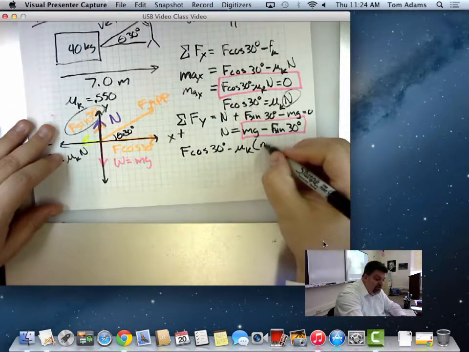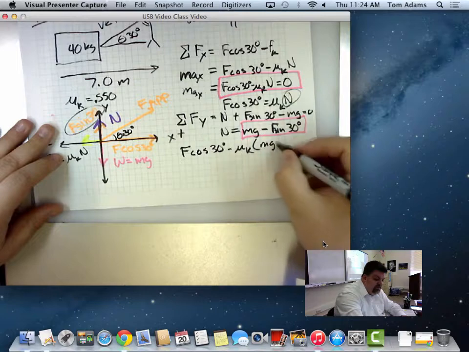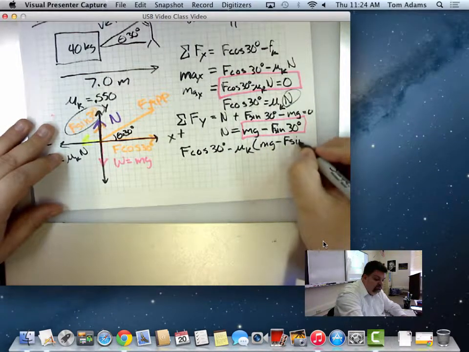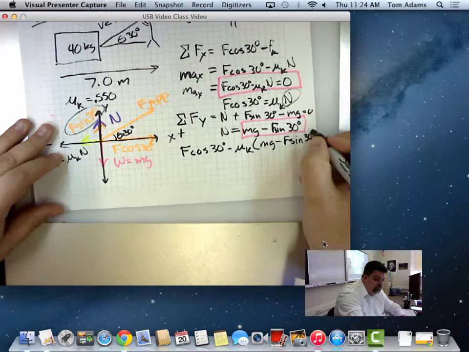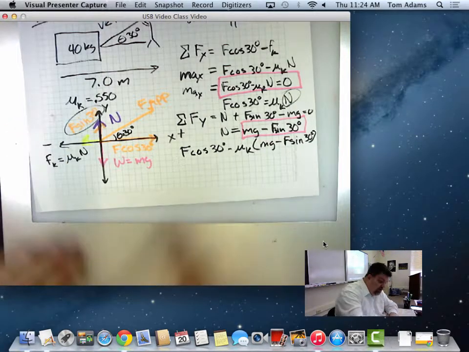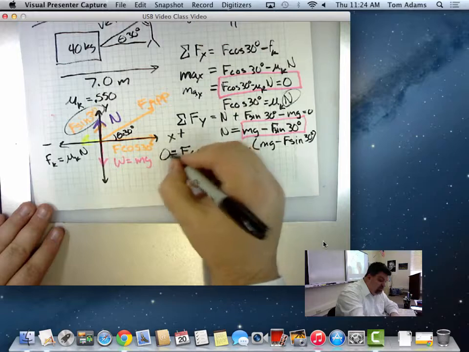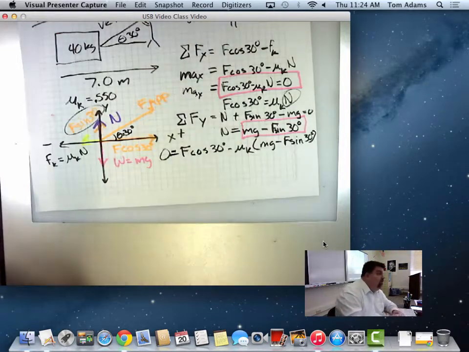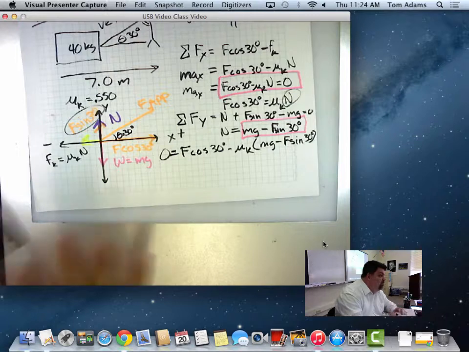So I'm going to say the normal of this stuff, which is really this. And all of that has to equal 0 because this whole object is moving at a constant velocity, which means the acceleration is equal to 0, correct? Are you guys with me so far? Does anybody have any questions at this point?